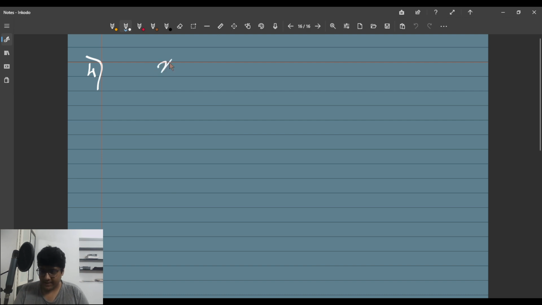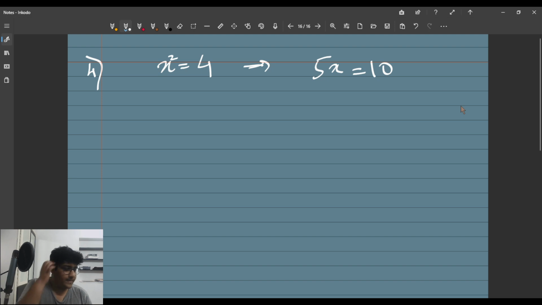Say that x square is equal to 4, and x square equal to 4 implies 5x equal to 10. Is this true? If so, then prove it. If it's not true, then disprove it.